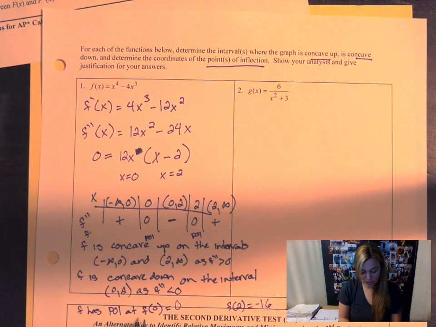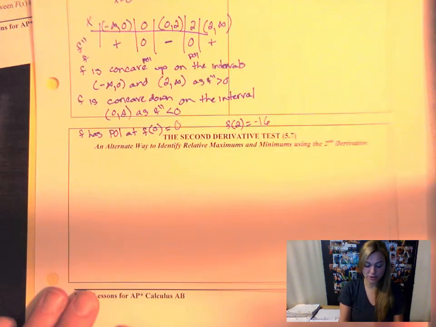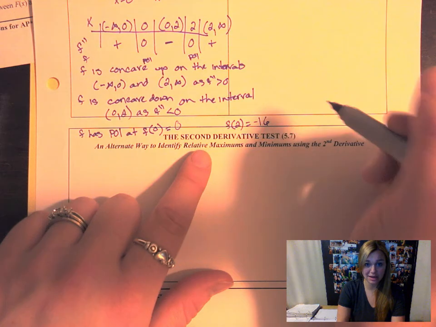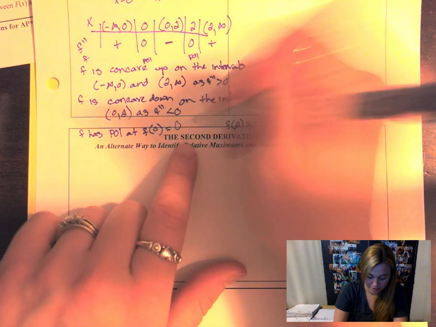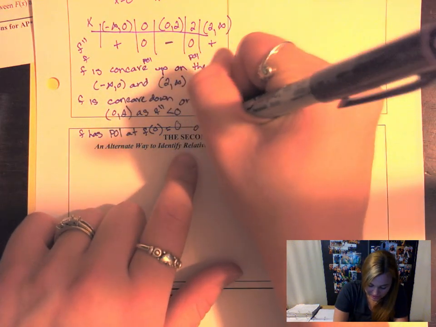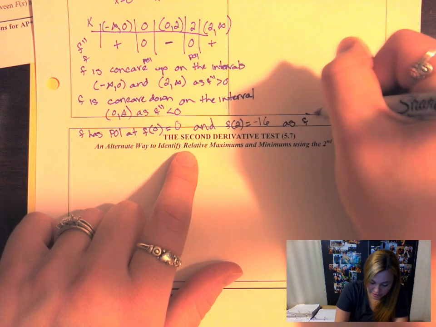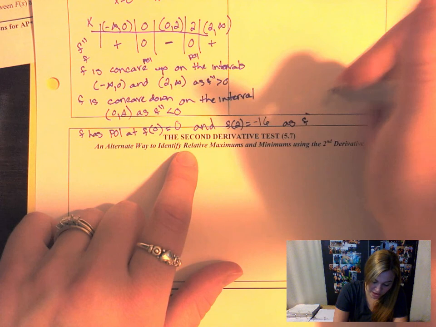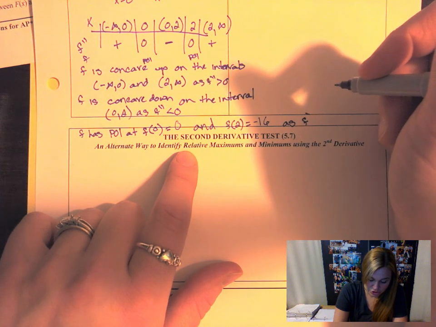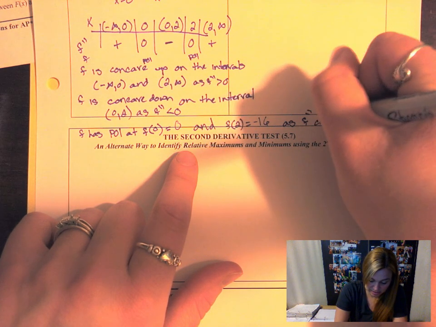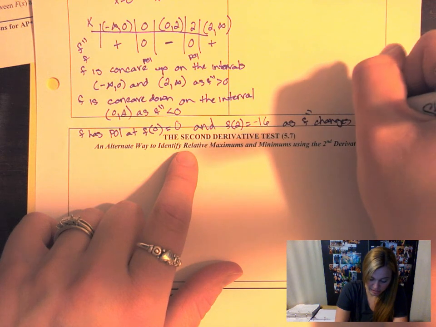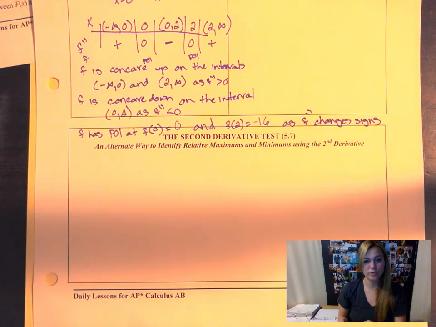So f has a point of inflection at f of 0 equals 0 and f of 2 equals negative 16. I'm just going to keep them together as, you can say as f double prime. You can do f double prime changes signs, meaning positive to negative or negative to positive, or vice versa.